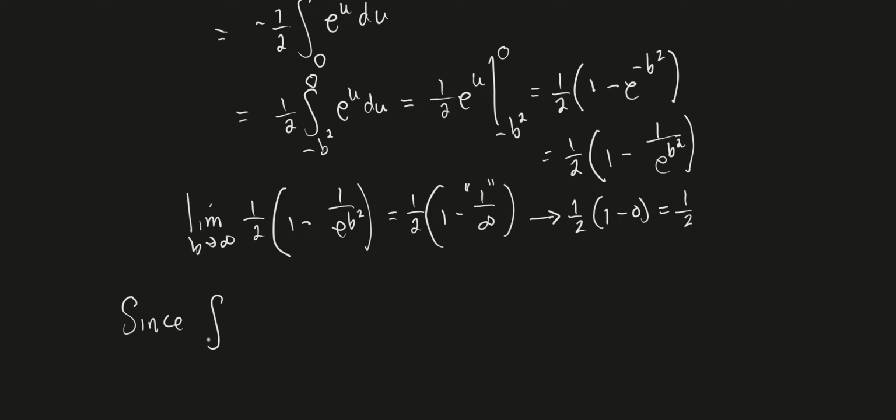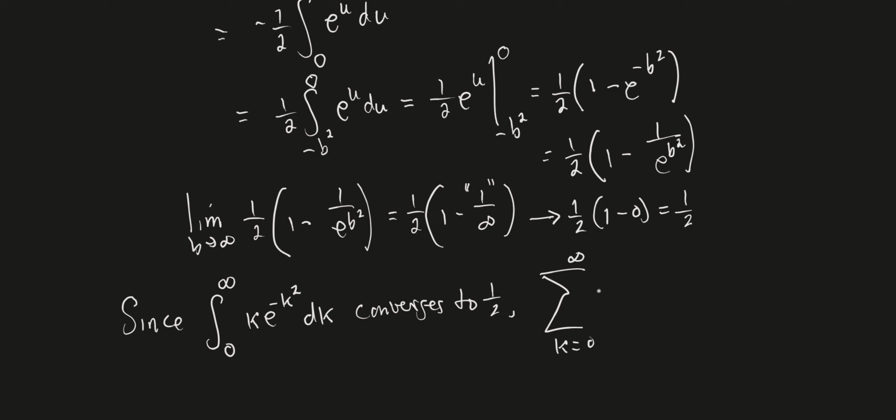Since the integral from 0 to infinity of k e to the negative k squared dk converges to 1/2, then the series from 0 to infinity of k e to the negative k squared also converges, right?